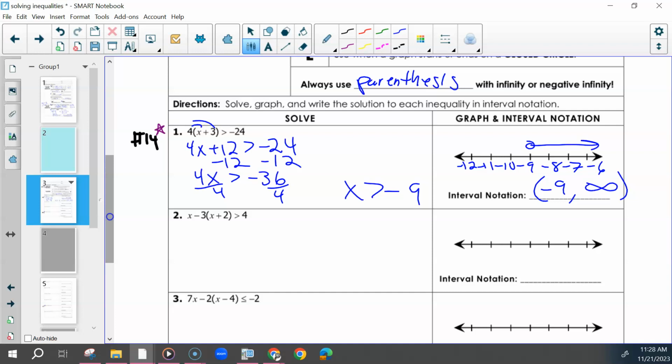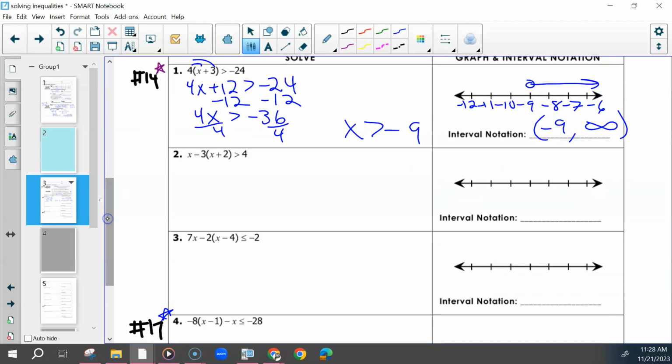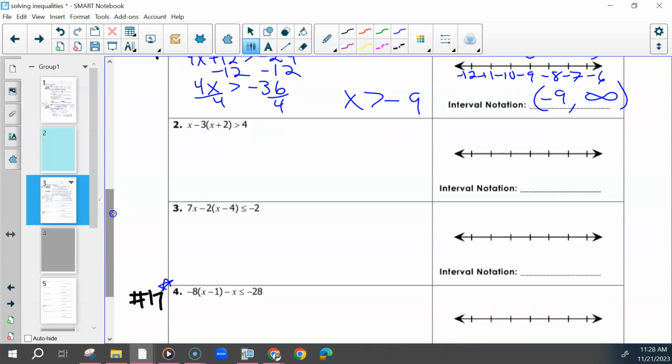Questions on that so far? Let's do number 3. How would we start that one? Distribute. So we have 7x minus 2x plus 8 is less than or equal to negative 2.